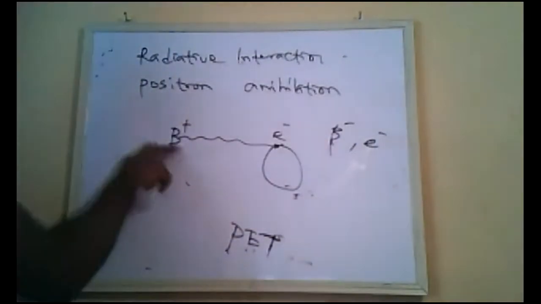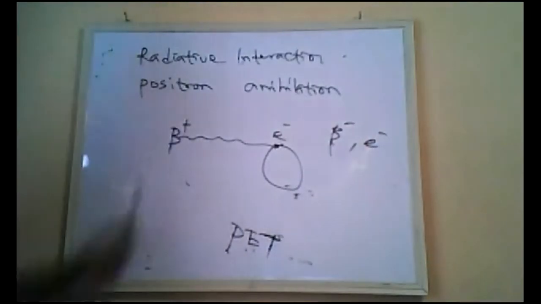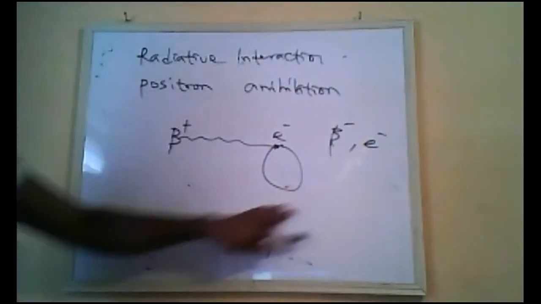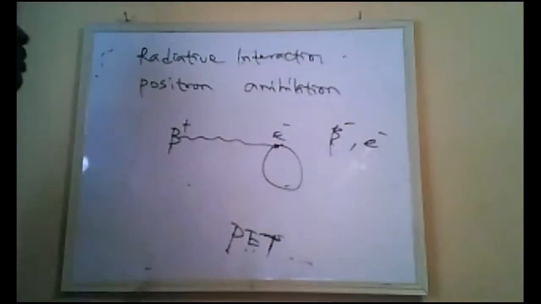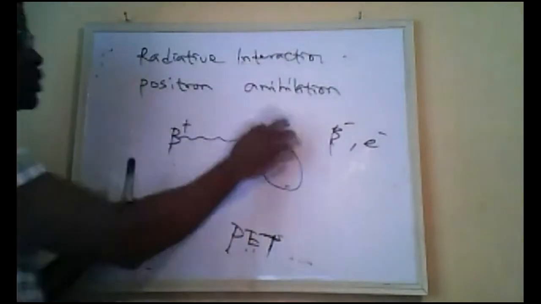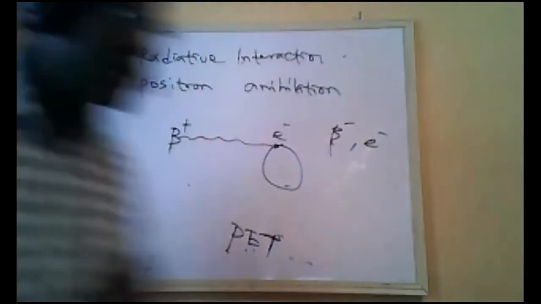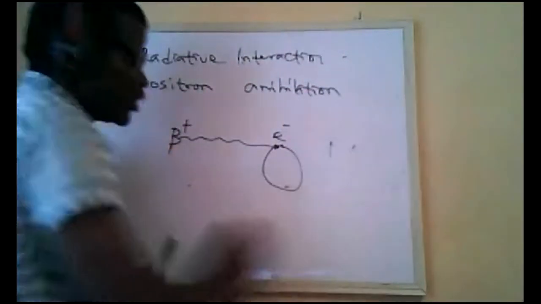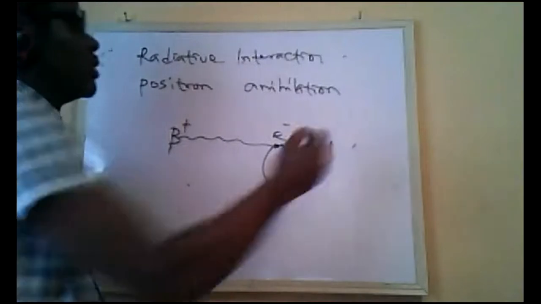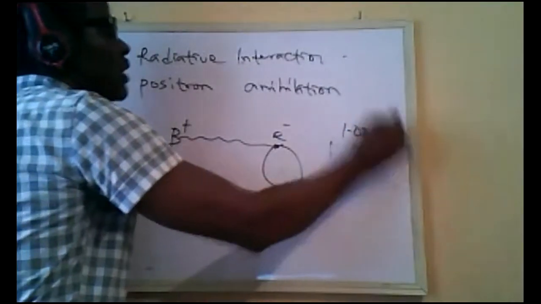So if you have the antimatter, the beta plus, as the particle, and it encounters an electron, the two of them combine and are destroyed, annihilated, and from there we have the production of photons with energy 1.02 megaelectron volts.